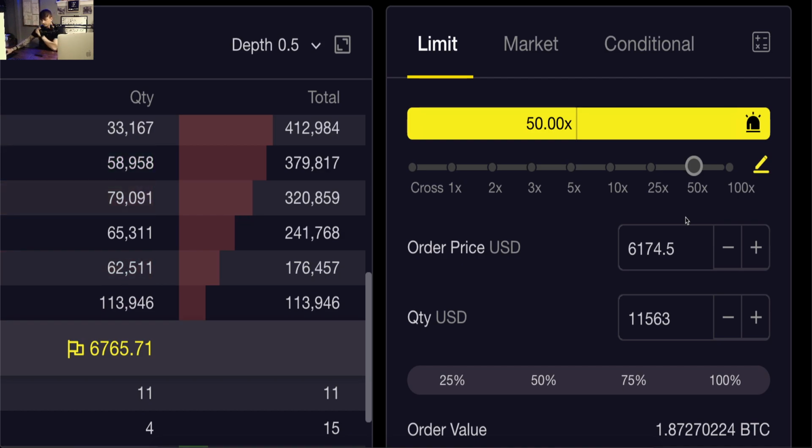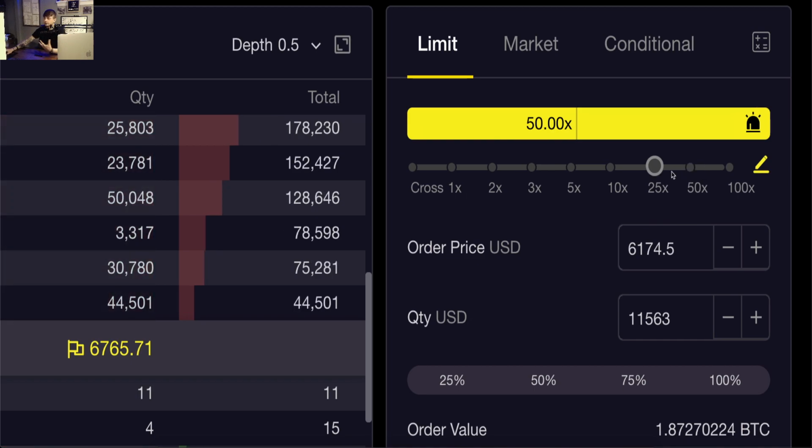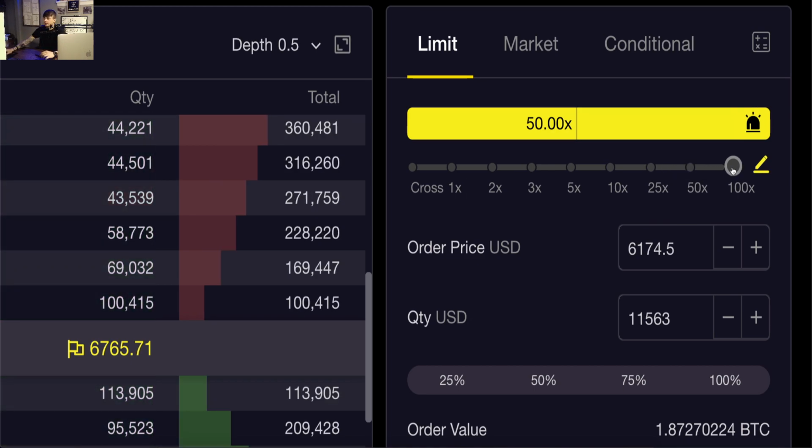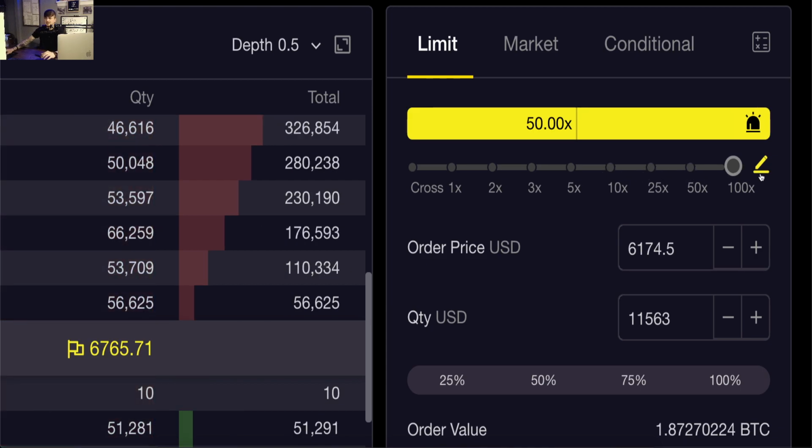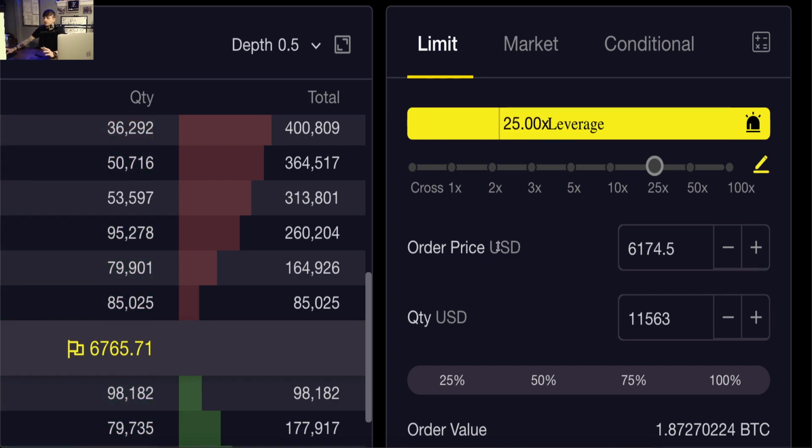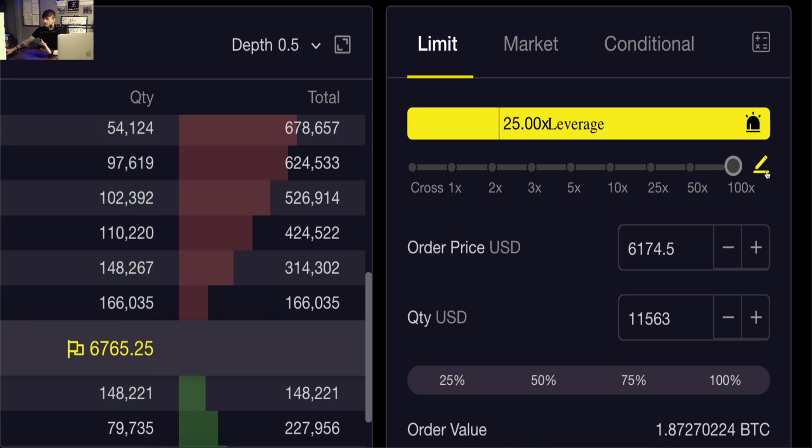So this is pretty much how many times your money you want to use. You want to really stay away from the 150x and 25x and even 10x in the beginning as a beginner trader, because it's really risky, and we're going to get into that in a second. But let me continue with the 100x.